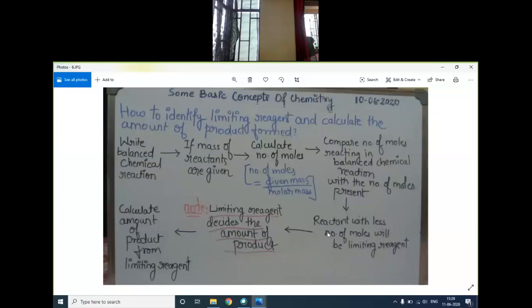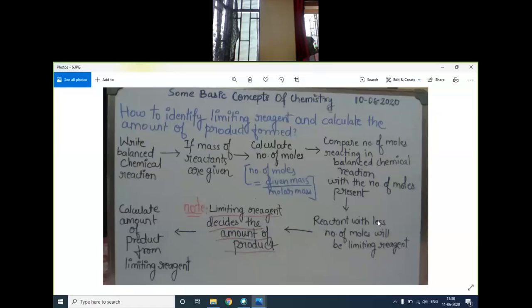And one thing you should note down in your copy: the limiting reagent decides the amount of product. There are many reactants that combine together in a chemical reaction, but only the limiting reagent decides the amount of product. This is a very vital point about the limiting reagent.